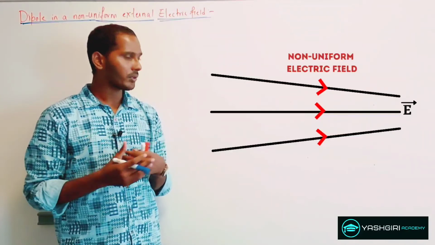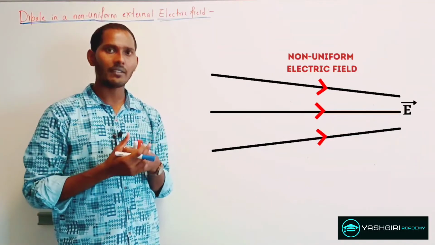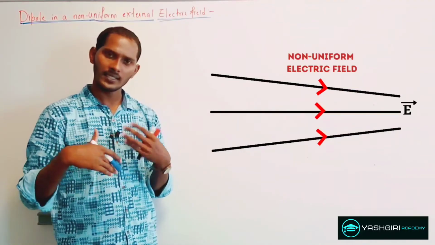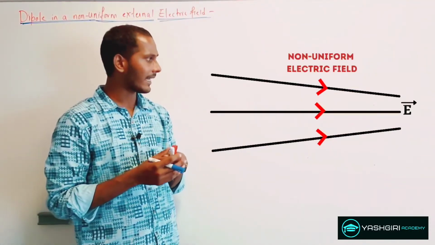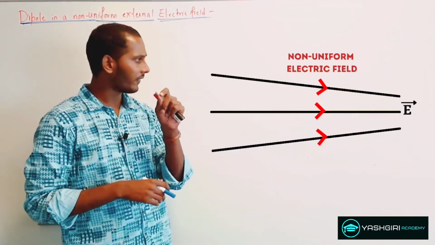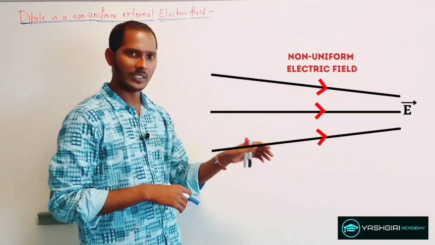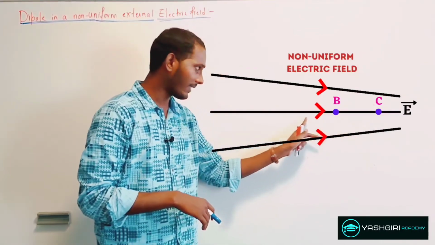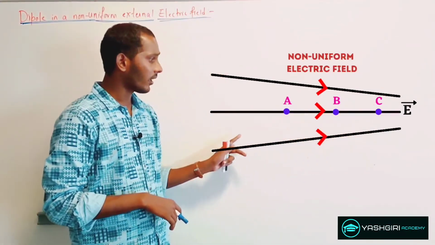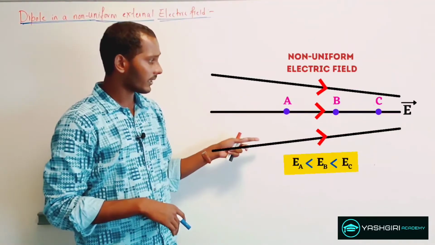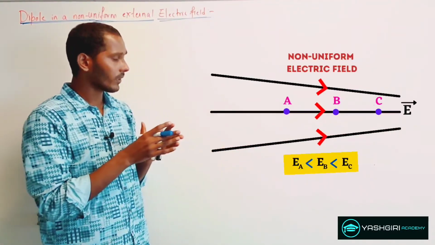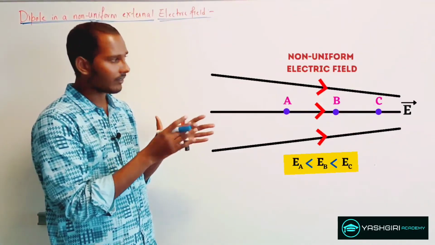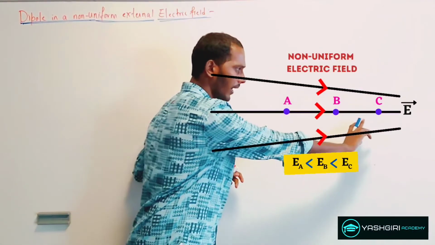If you want to know the magnitude of the electric field at any point in this space, one can easily say, looking at the field lines, that the strength of the electric field is maximum at point C, then at point B, and then at point A.